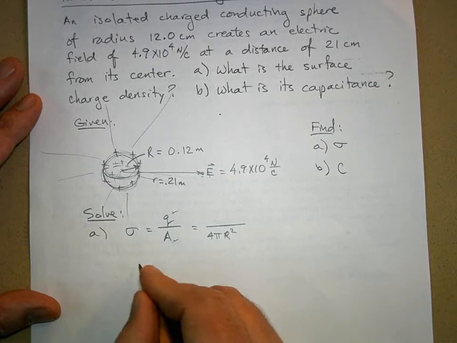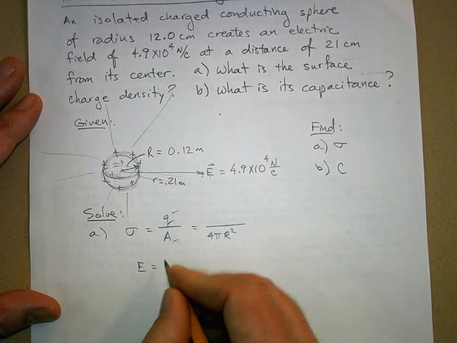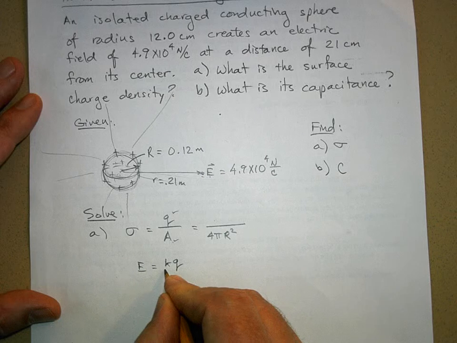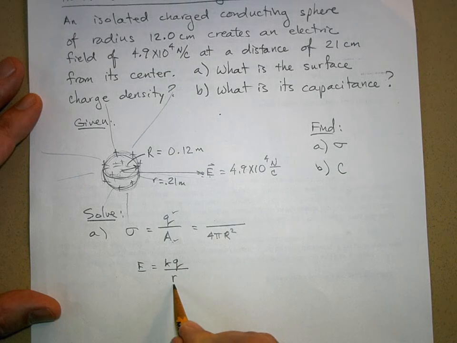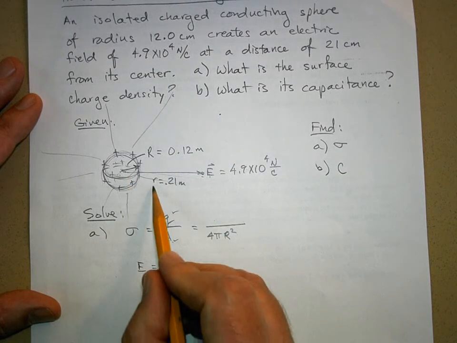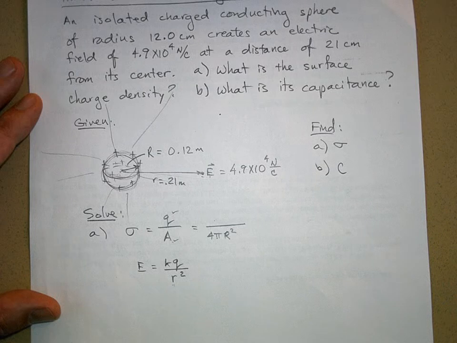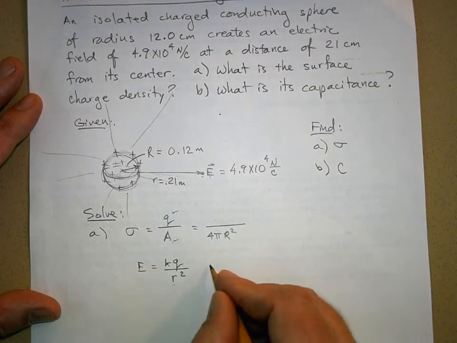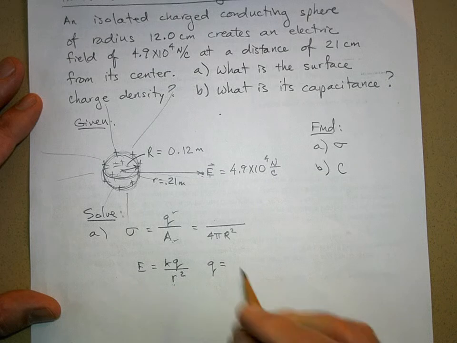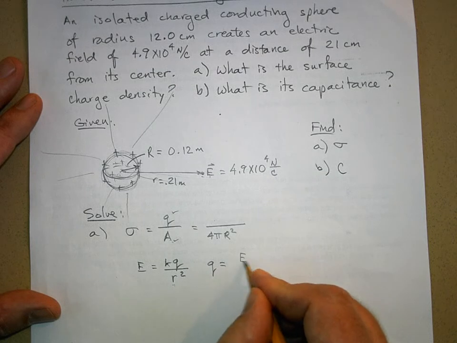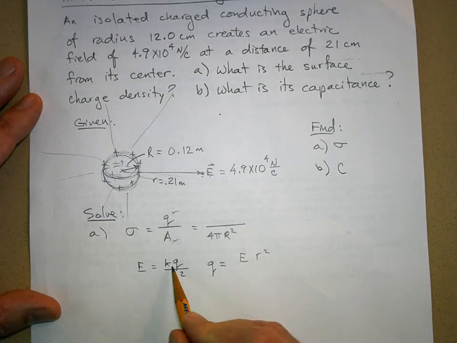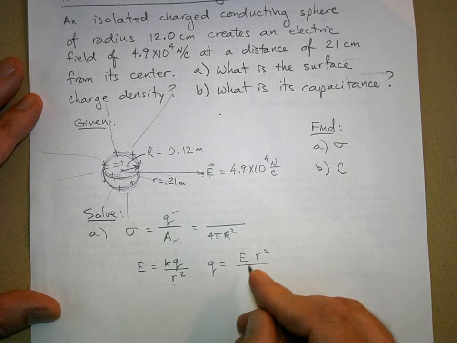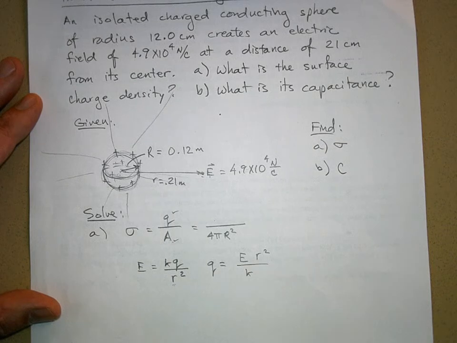So you can say that the E field is equal to KQ over r squared, where I'm using little r to represent that distance. So I can solve this for the charge. The charge is equal to the electric field times r squared divided by K. Did I do that right?